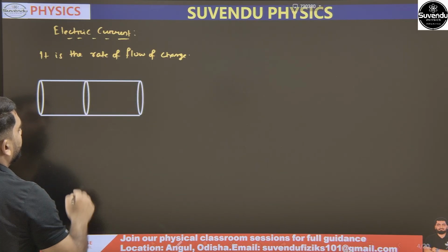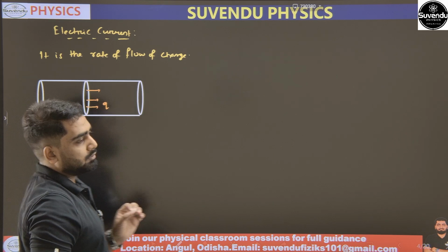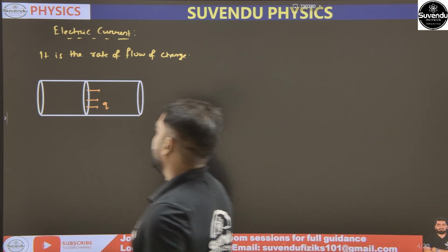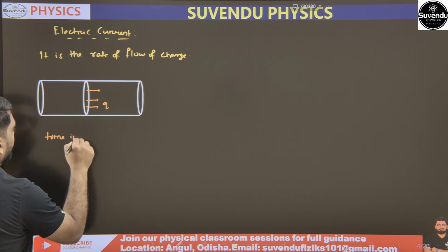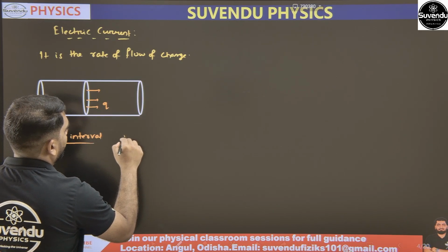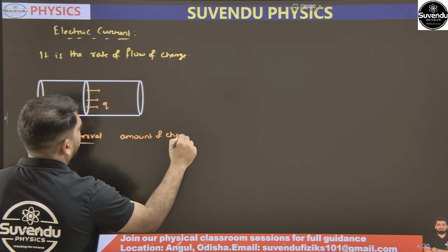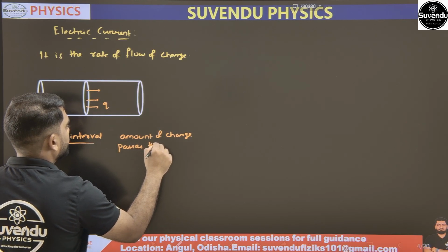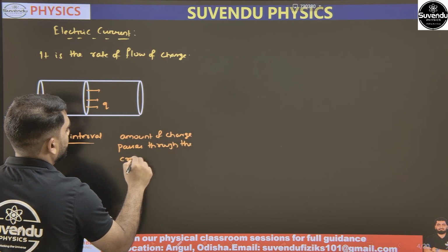So through this cross section of the conductor in time t, suppose q amount of charge passes through it. So we have to write: the time interval when the amount of charge passes through the cross section.